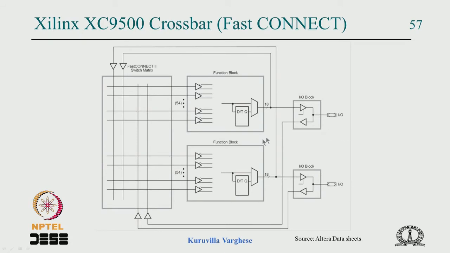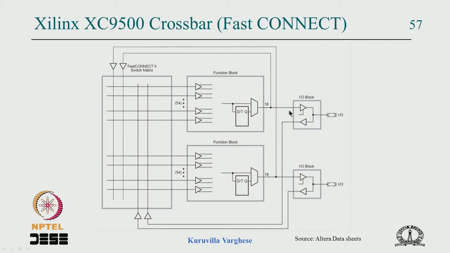So this is the crossbar of the Xilinx XC9500. This is not the crossbar of MAX 7000, it's the Xilinx XC9500 crossbar. I just wanted to show the picture, and that was clear in the Xilinx data sheet.